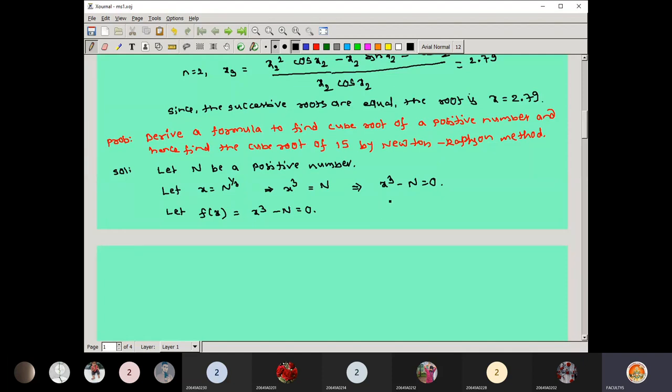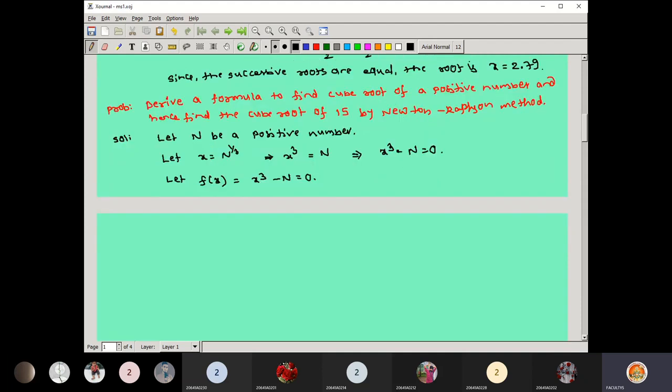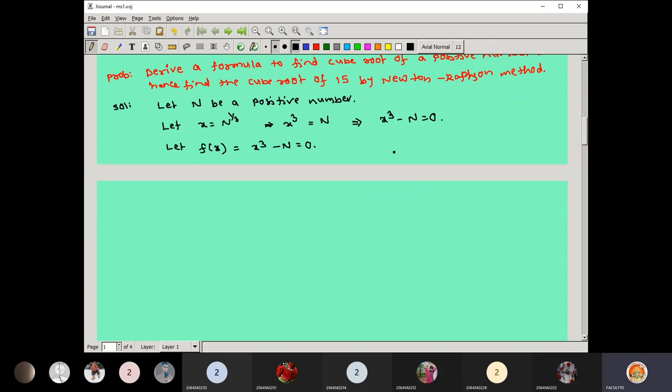On simplification, x cube minus N is equal to 0. That entire expression I am supposing as f of x. Once you know f of x, you are not going to calculate the real numbers a and b. The reason is you can substitute the x value, but the N value is not given. So whenever N is not given, don't go for calculation of a and b real numbers.